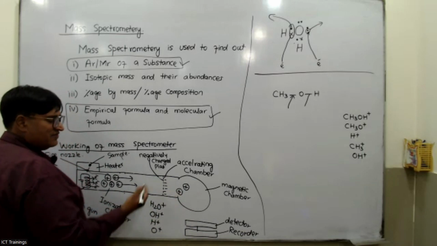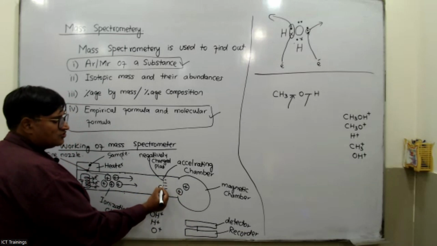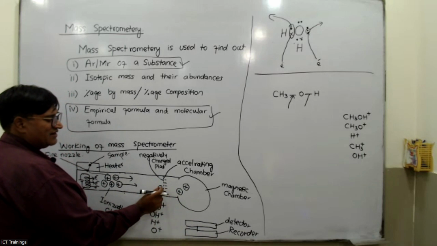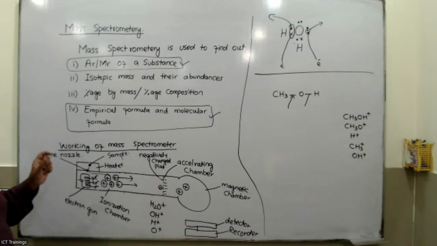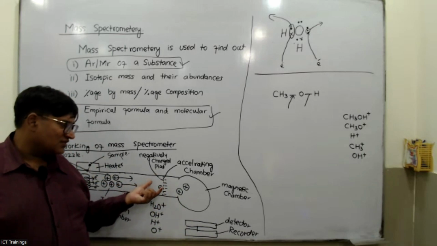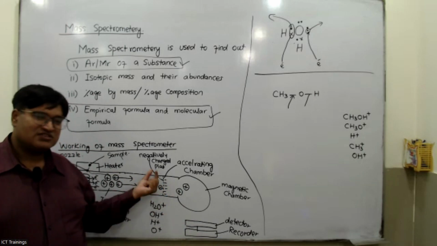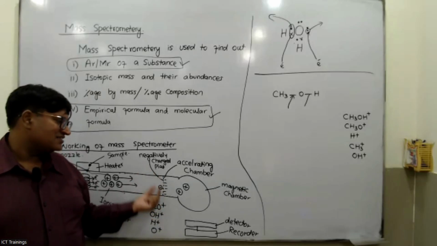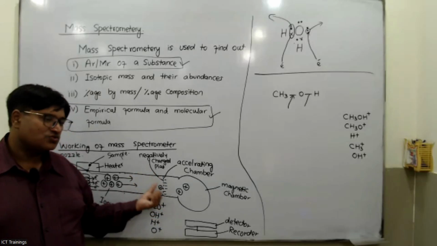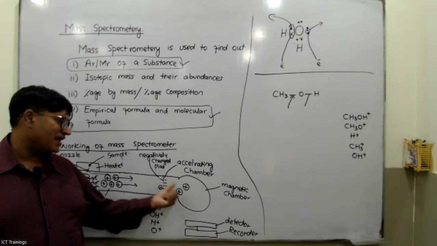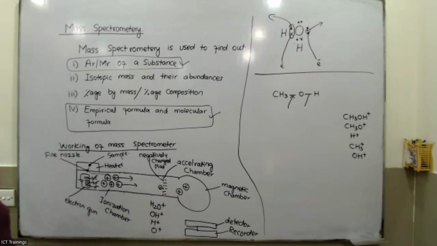Whereas some of the positive ions which got low speed would be attracted towards this negatively charged plate. Okay, so in this way, some of the positive ions would attach with this negatively charged plate, and some of the positive ions pass through this plate and enter into the magnetic chamber.